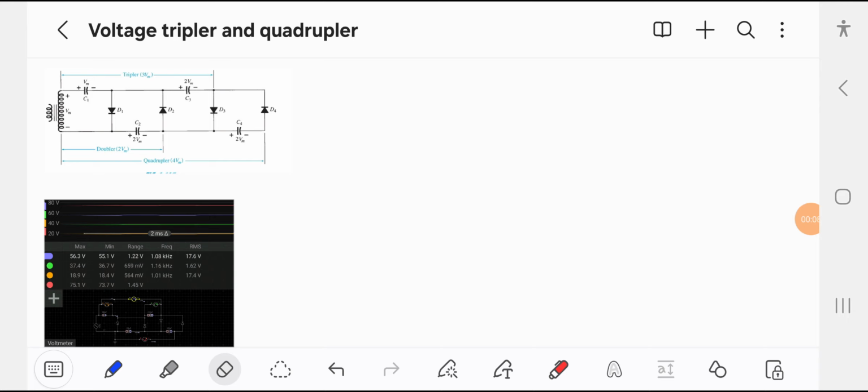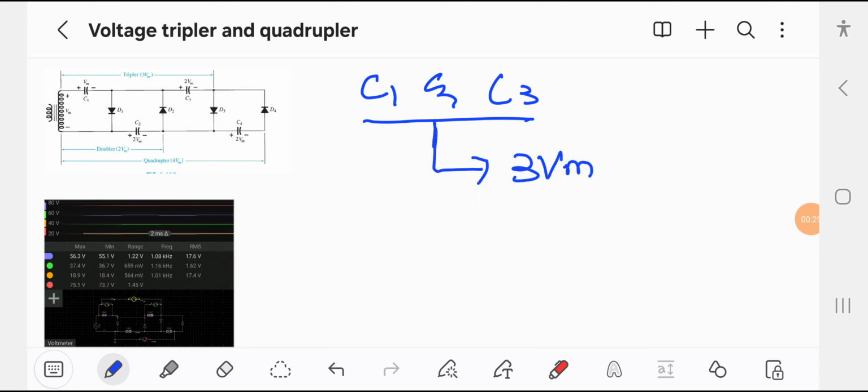So here this network consists of 4 capacitors and 4 diodes. For example, if we take output from capacitor C1 and capacitor C3, it will give us 3 times the input voltage.